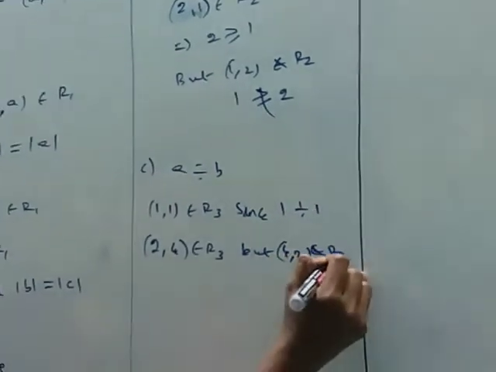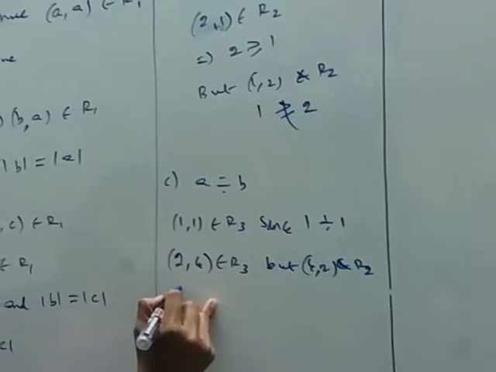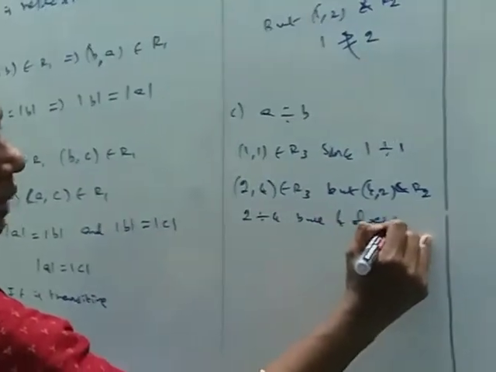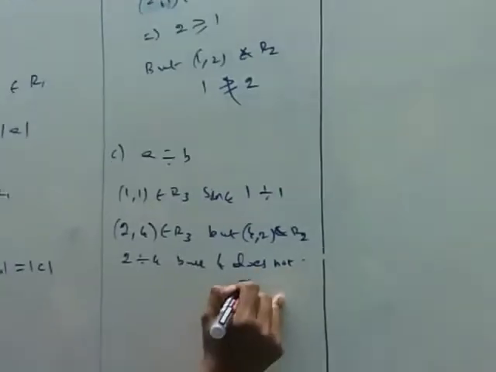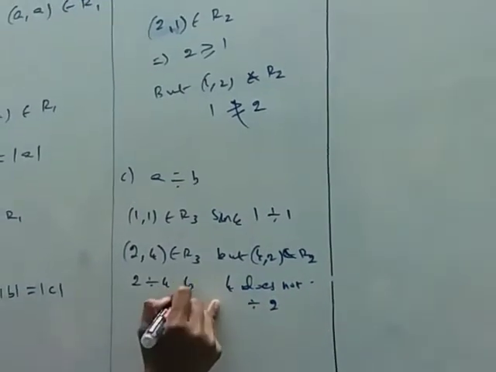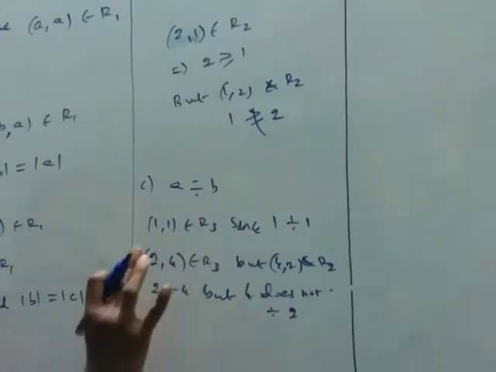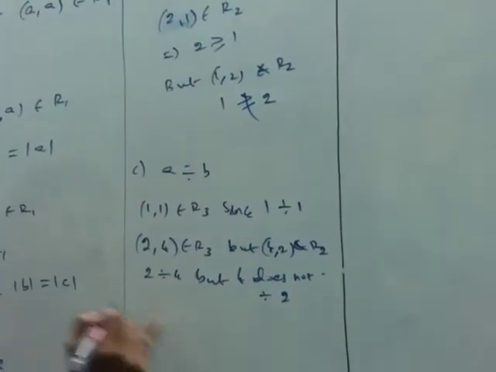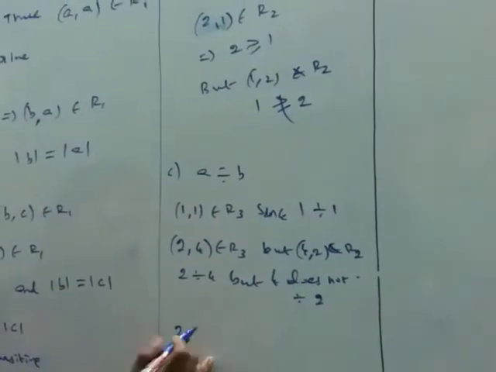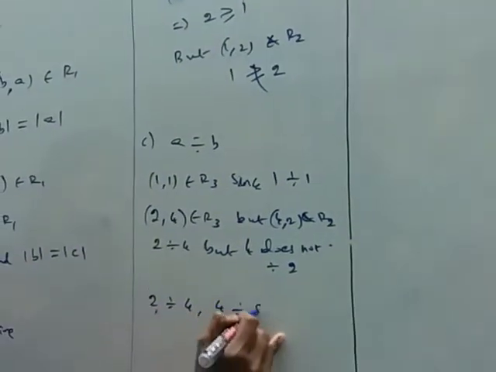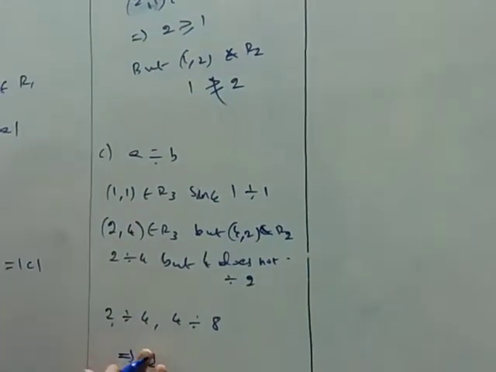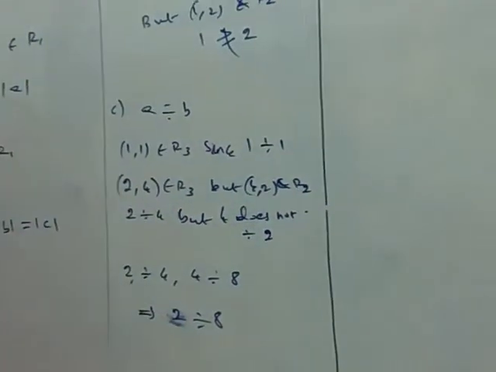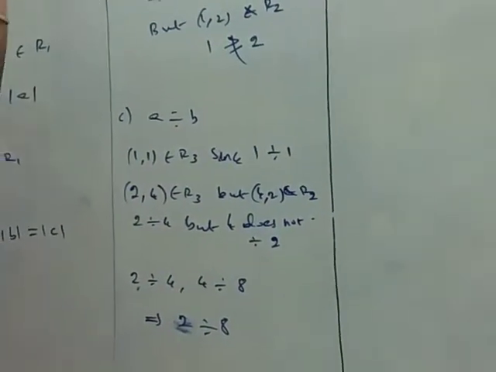Why? 2 divides 4, but 4 does not divide 2. Okay ma? So here symmetric is not possible, but transitive is granted. How? 2 divides 4, 4 divides 8 implies 2 divides 8. Okay ma? So here transitive is possible. So here reflexive and transitive but not symmetric.